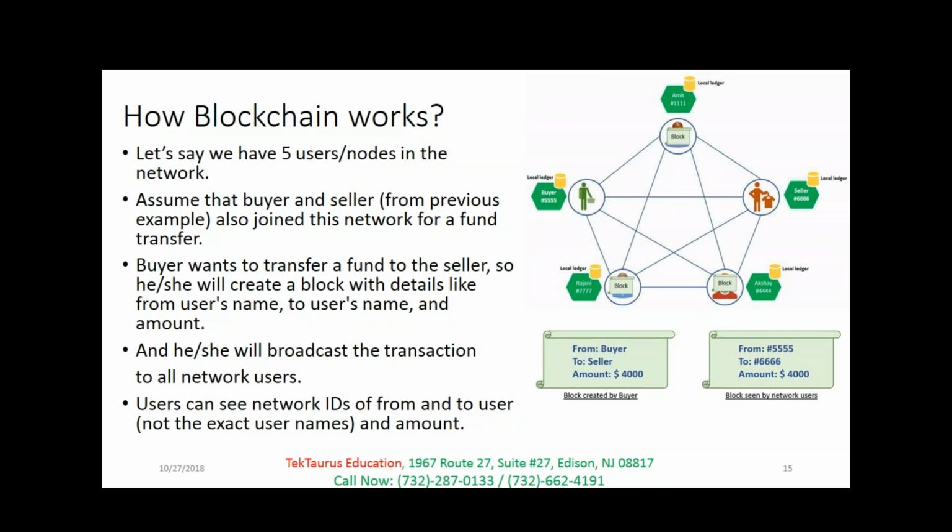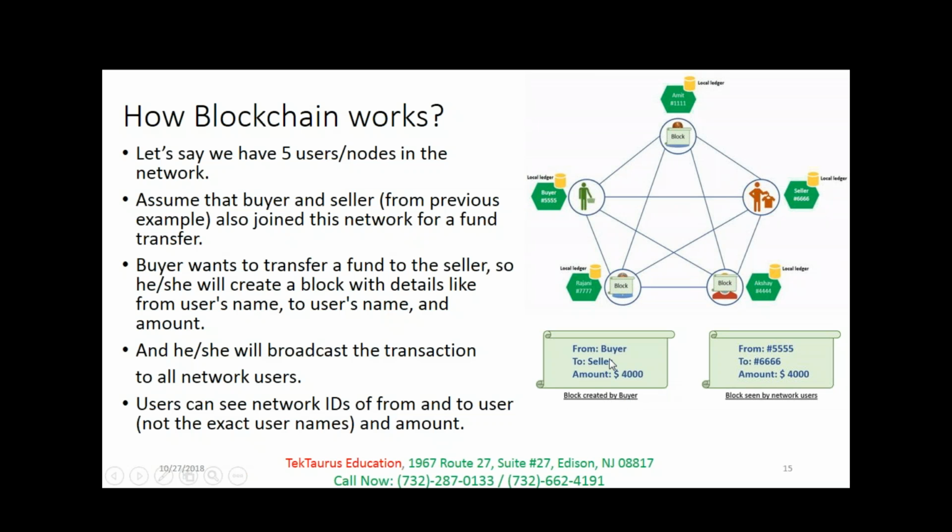Okay, let's assume a hypothetical scenario. Let's say we have 5 users in a network, and assume that a buyer and a seller have joined the network to do a fund transfer. The buyer is 5555, the seller is 6666. The buyer wants to transfer funds to the seller, so he will create a block or a transaction, and he will put the buyer name, the seller name, and the amount.